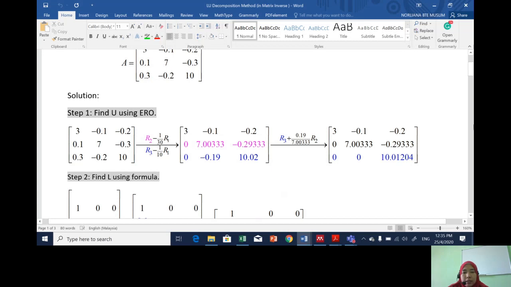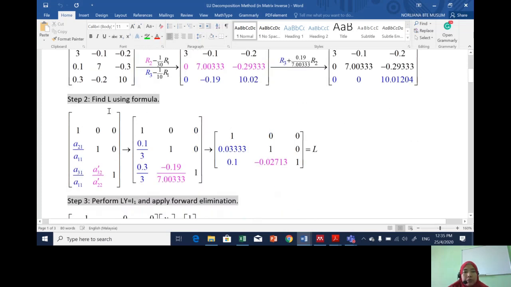You have learned this step 1. It's exactly the same as when we find the matrix U for solving a system of linear equations, so I'm not going to explain step 1. The same goes for step 2, find L, which means the lower matrix.